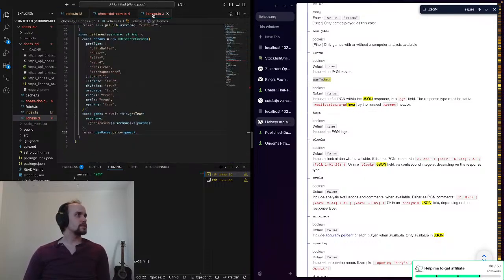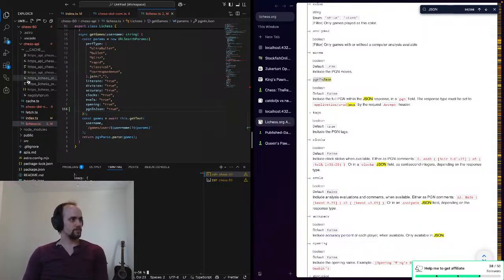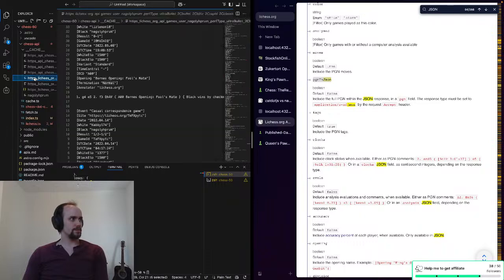Go to the Lichess, go to here. Okay, it's gonna crash, and that's fine. It's not gonna crash.